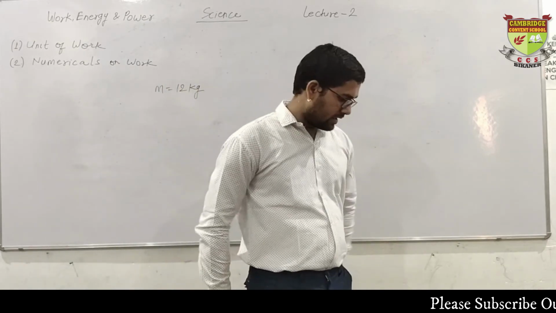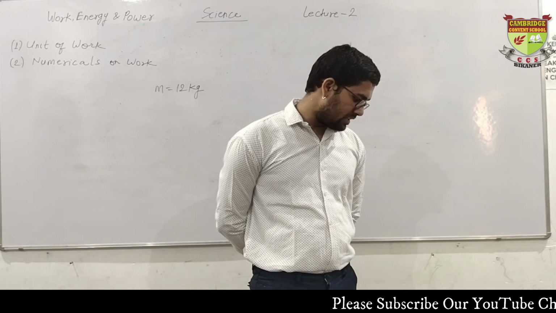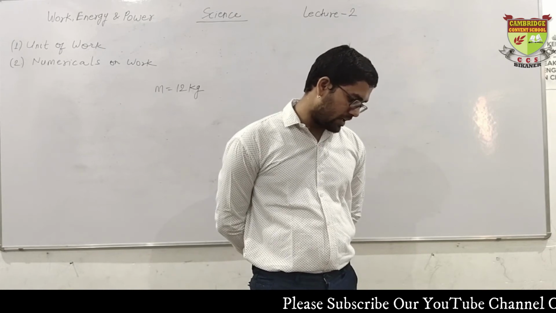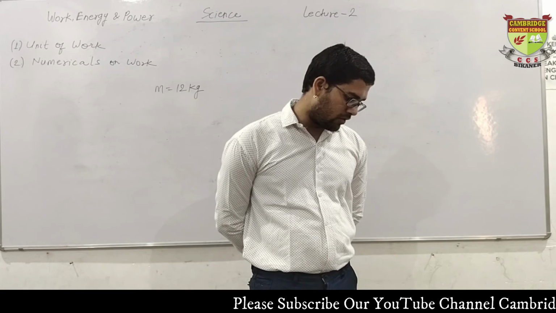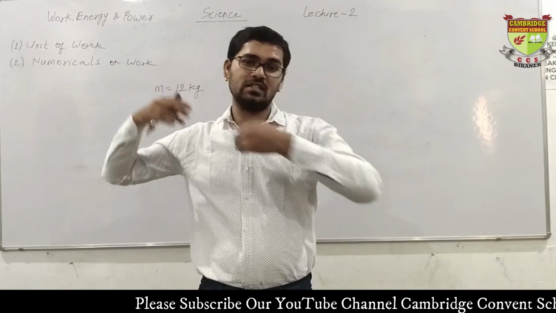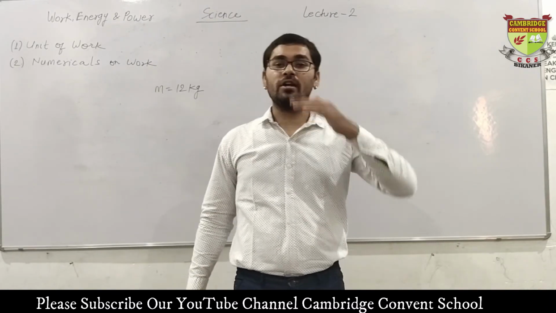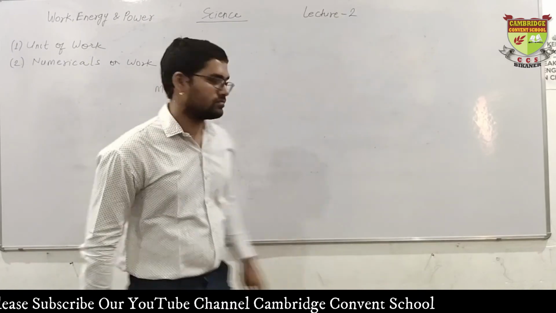Clear? Fine. Then during the tour you lift a bag of 12 kg from the ground to 1.5 meter height. Means you have a bag of mass 12 kg and you are going 1.5 meter higher.